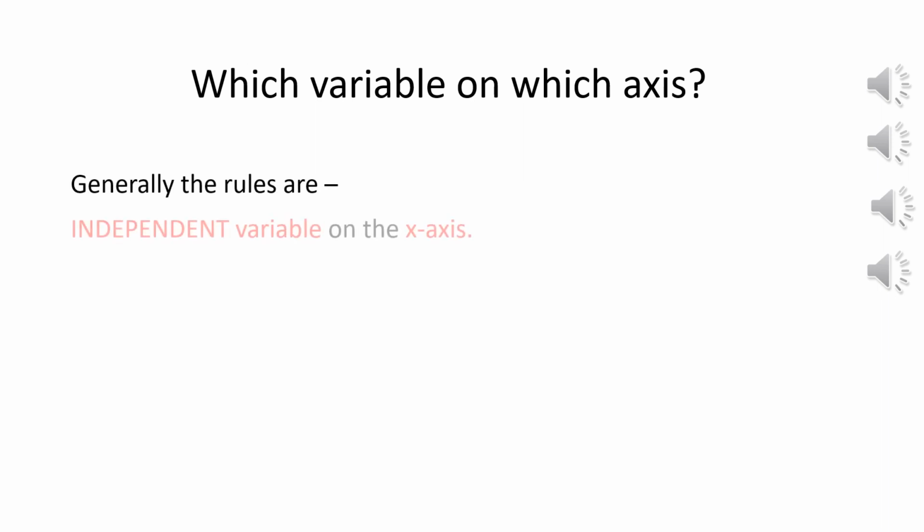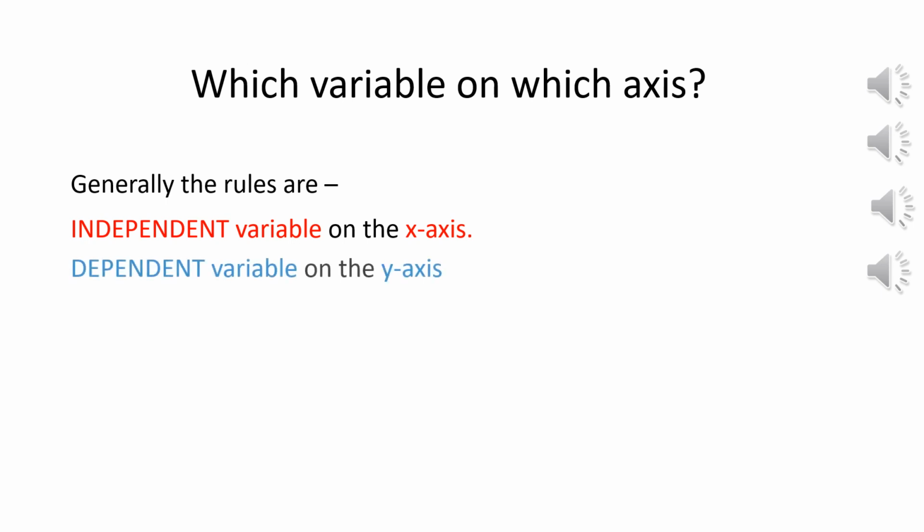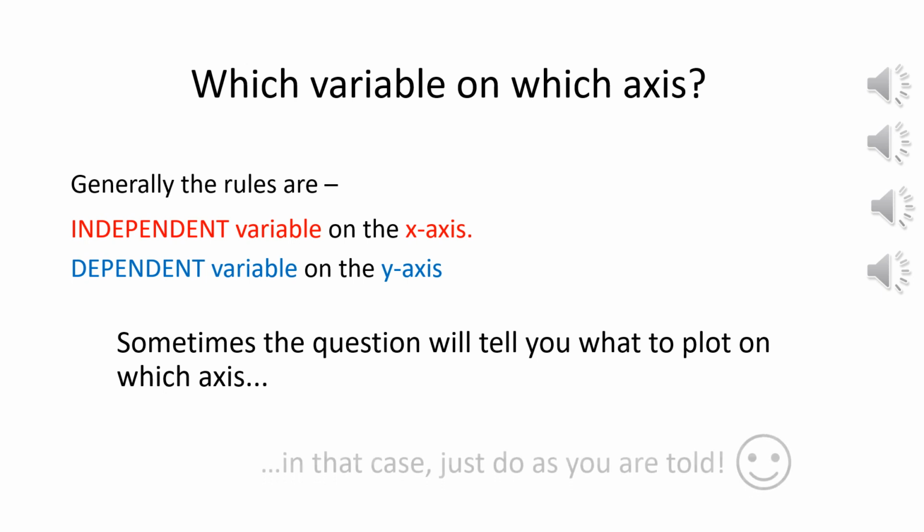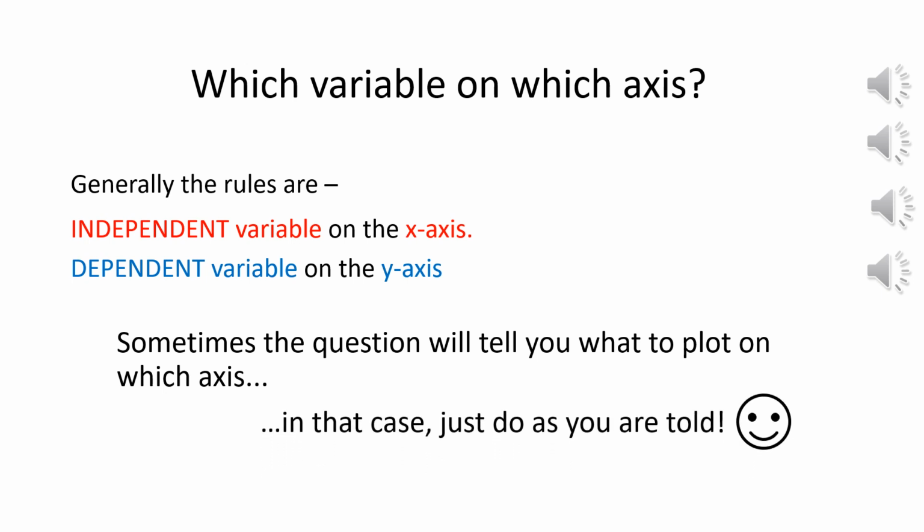The general rule is independent on the x-axis, dependent on the y-axis. But there are occasions when you don't follow this rule, but the question will always tell you if this is the case. Here are some examples.